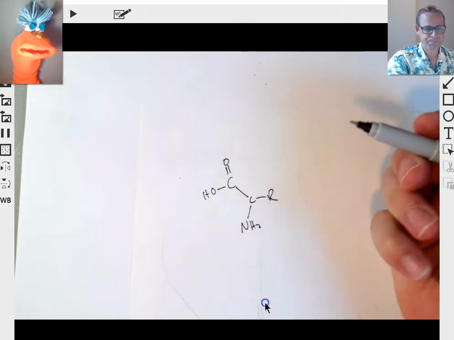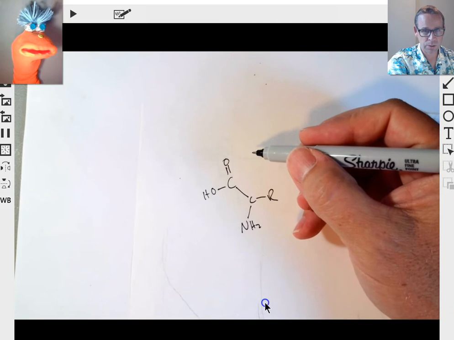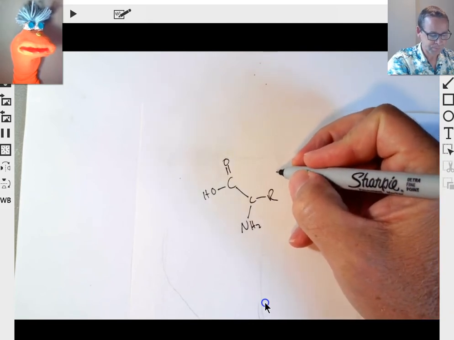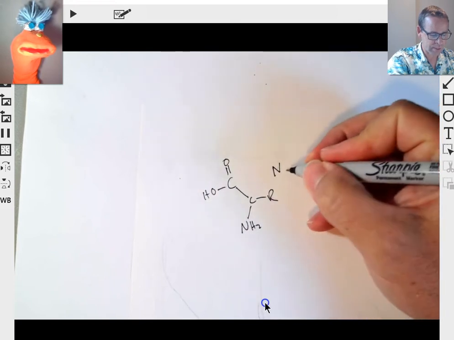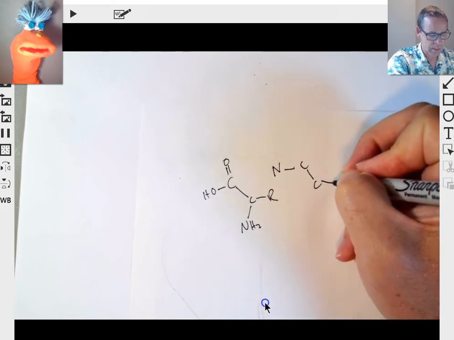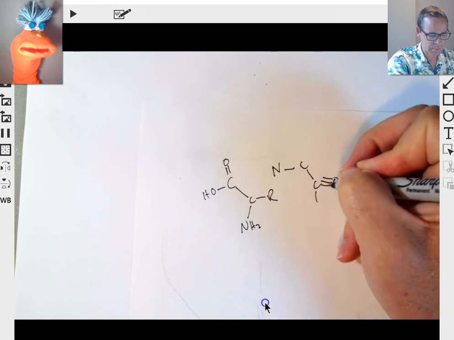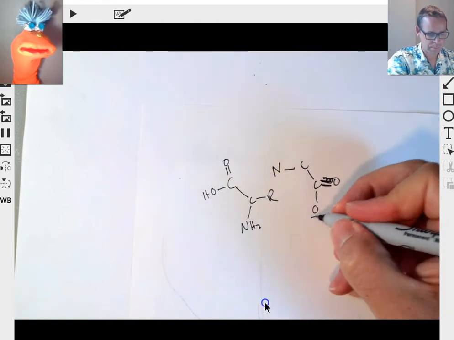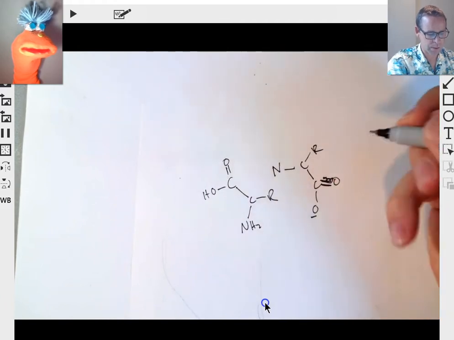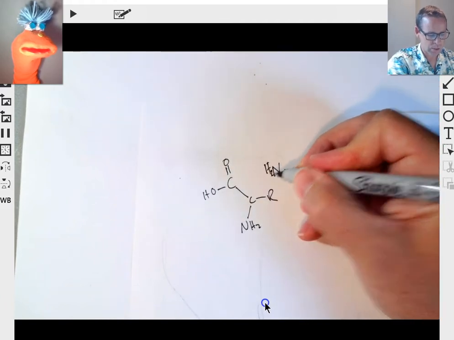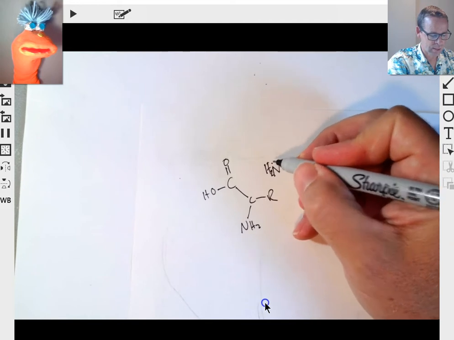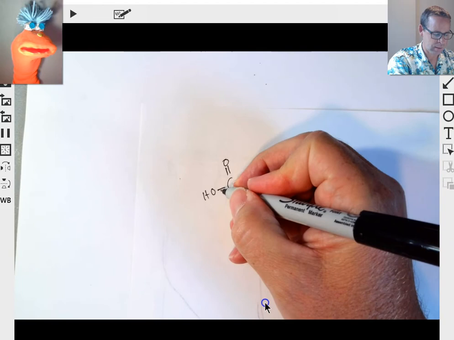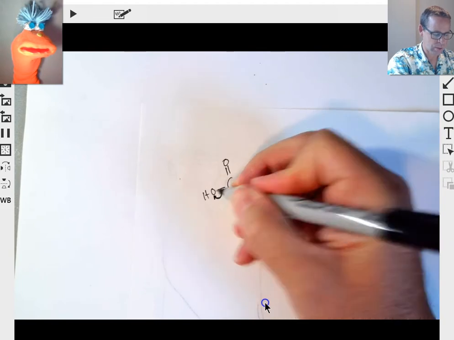Okay, so amino acid 1 here, and the second amino acid is going to create a peptide bond. So we're going to draw the nitrogen of a second amino acid, NH2, and the carboxylic acid of the second amino acid with its R group. Electron density from this nitrogen attacks right here, and electrons go onto the oxygen.